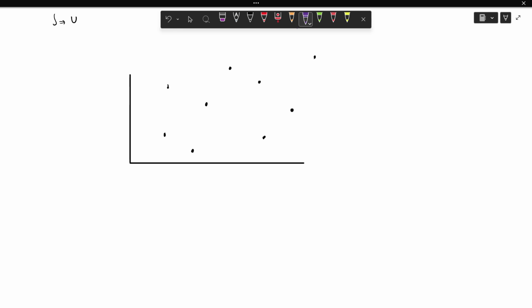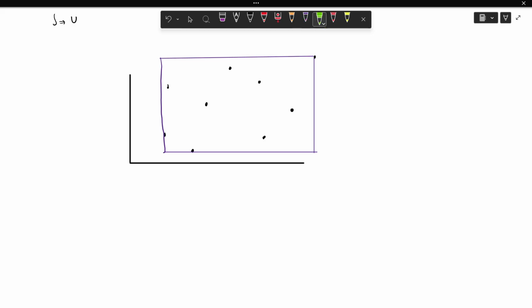If we try to draw that rectangle, it will be something like this. Starting from here, we go here, and then from here till here, and then from here till here, and then from here till here.